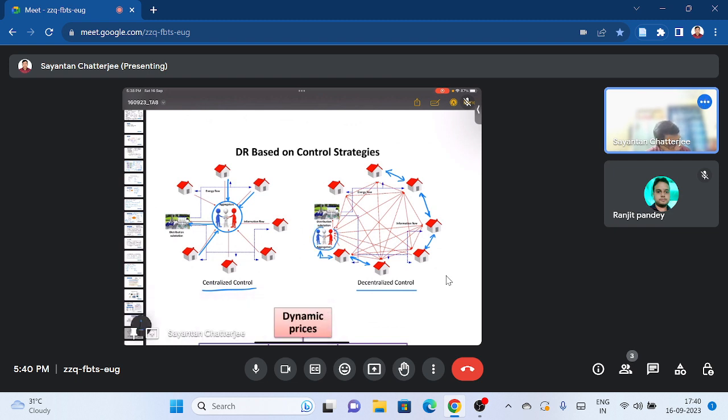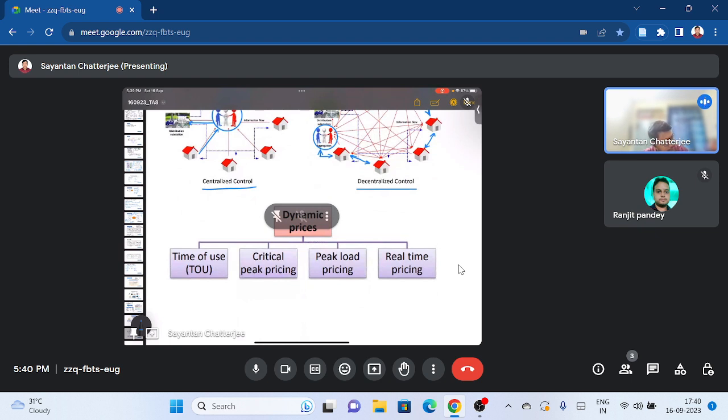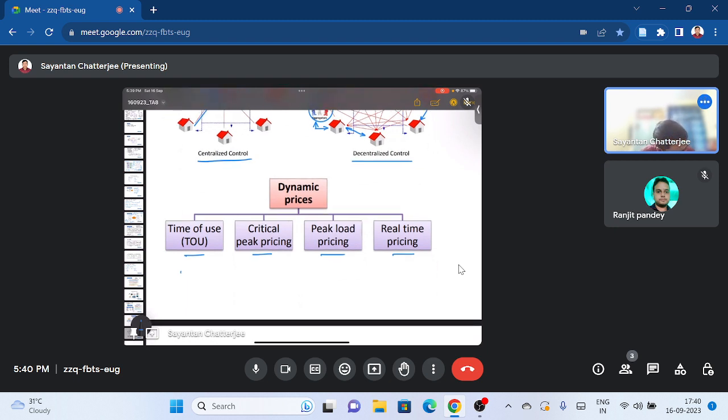But before that, this is a kind of bidirectional information flow based on control strategy driven approaches. And based on the dynamic pricing approaches, like time of use price, critical peak pricing, peak load pricing, real time pricing, these various market strategies are being developed, like the real time markets (RTMs).